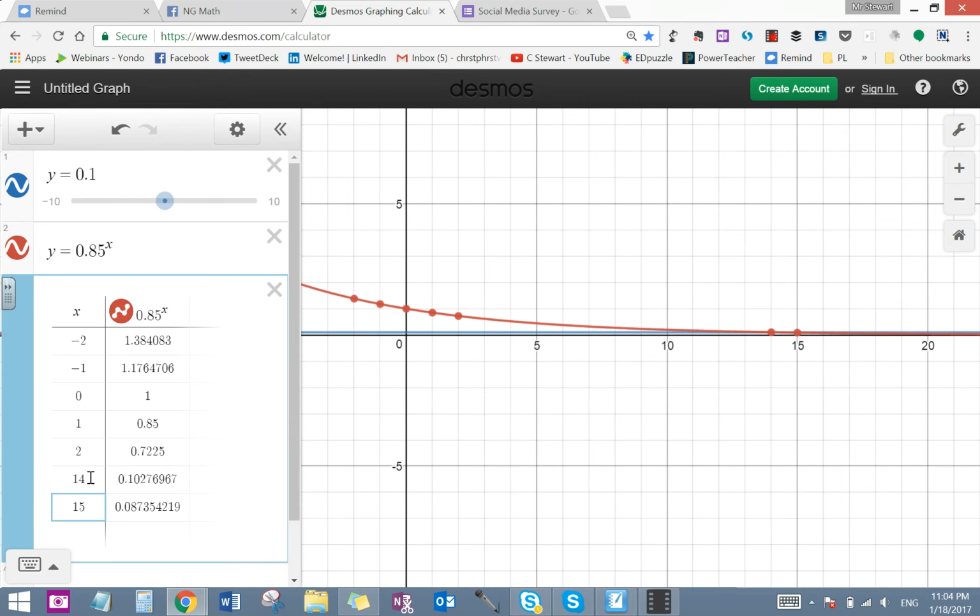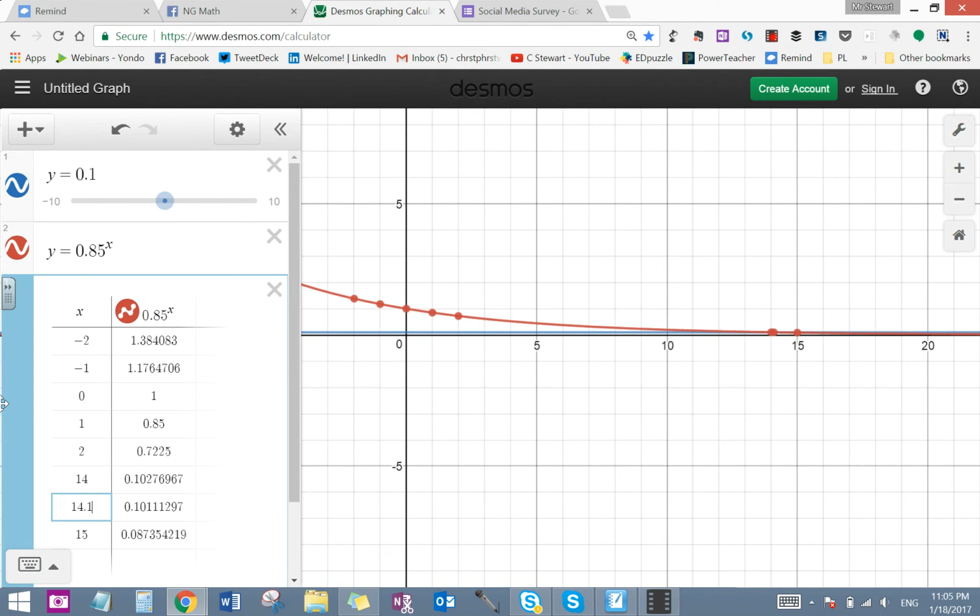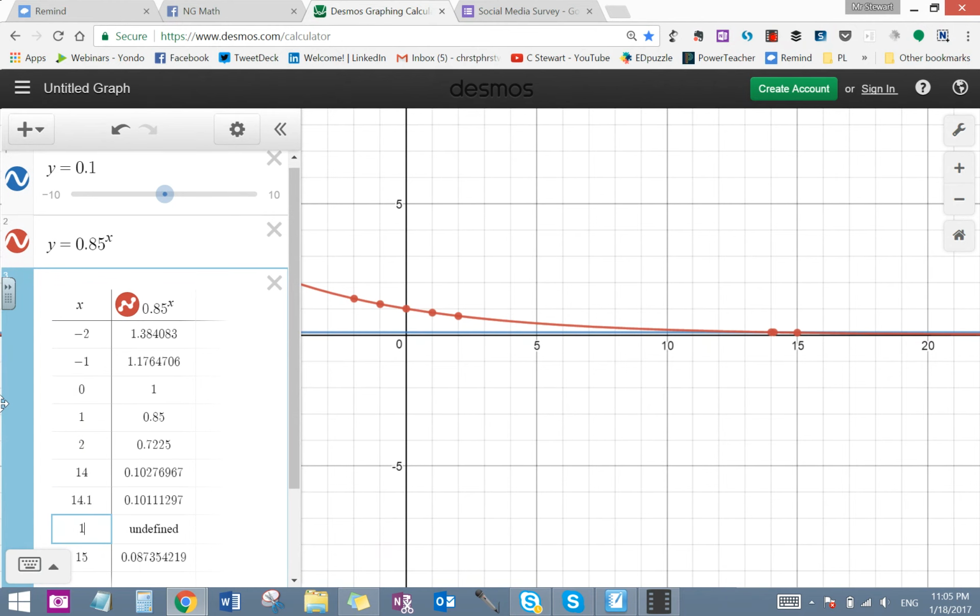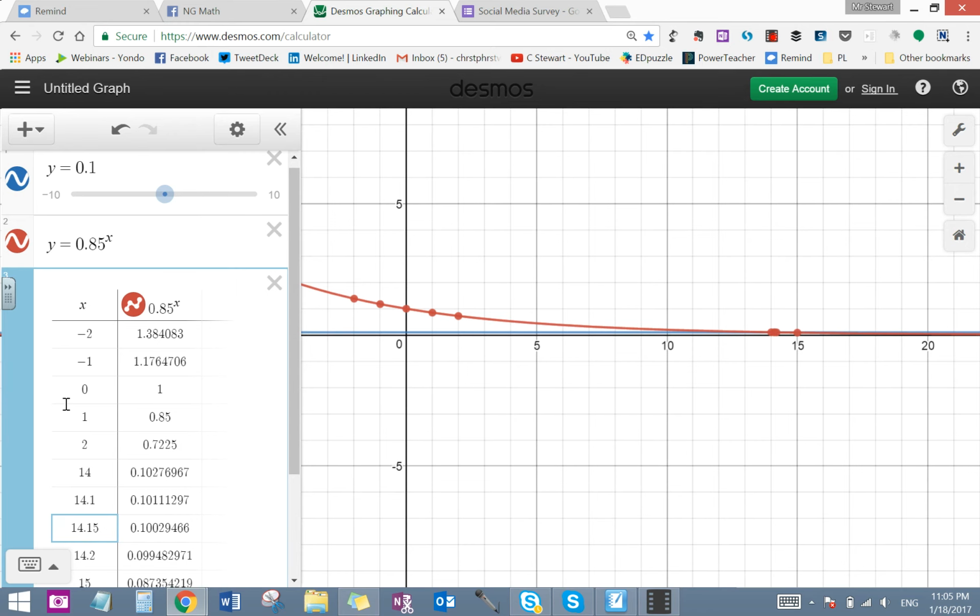So if we really wanted to, we could add in, say perhaps 14.1, and we're still too much. And if we go to 14.2, we're almost there. So it's between 14.1 and 14.2, and just to give it a try, I'll go 14.15 to go in between, and that's relatively close.